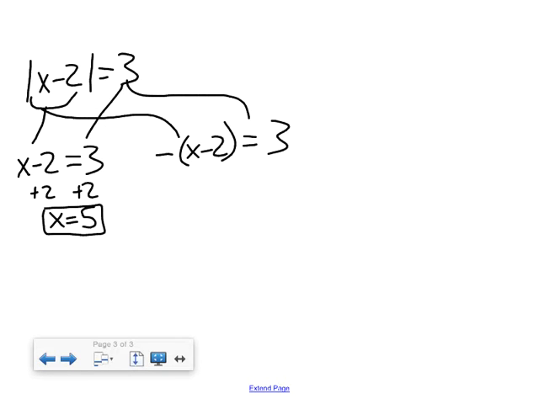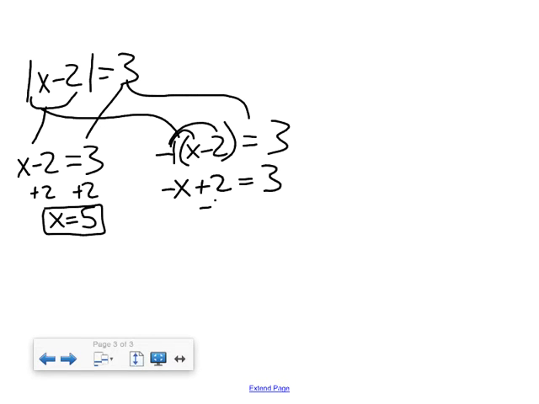On the other side here, I could do two things. I could either distribute that negative, or I could divide by the negative. So, we'll look at both ways. First here, let's look at distributing. So think about this as being a negative 1. So negative 1 times x would be negative x. Negative 1 times negative 2 would be positive 2.